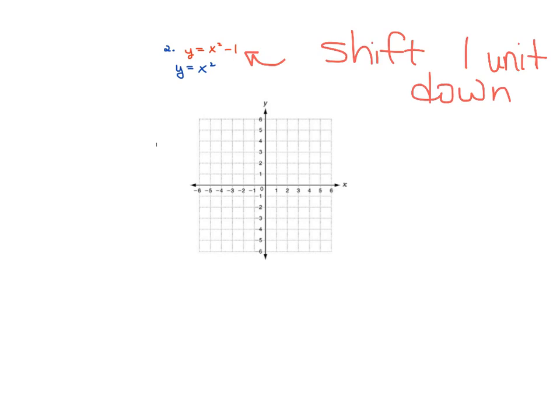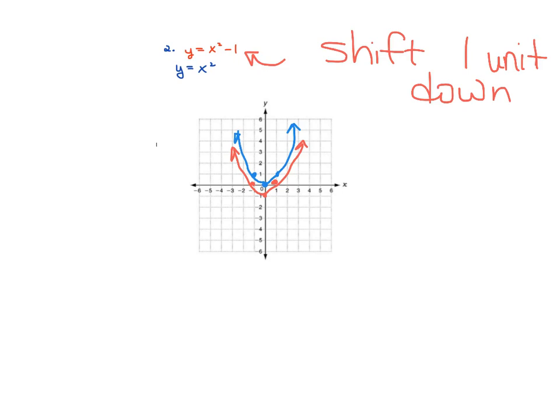Again, if it were a -5, 5 down. -10, 10 down. I am going to graph the parent first, so the 0, 0, the negative 1, 1, and the 1, 1. Make your U shape. And then now I'm going to take each one of those 3 points and move them each down 1 unit. And graph.